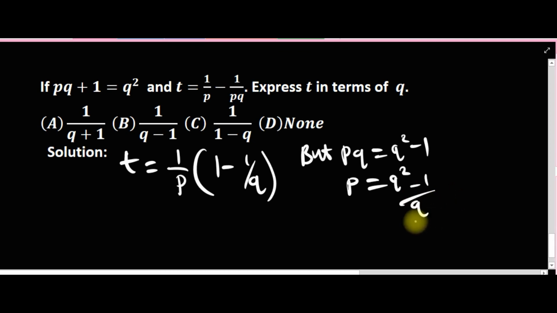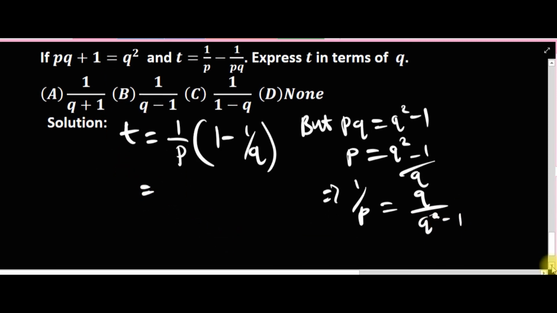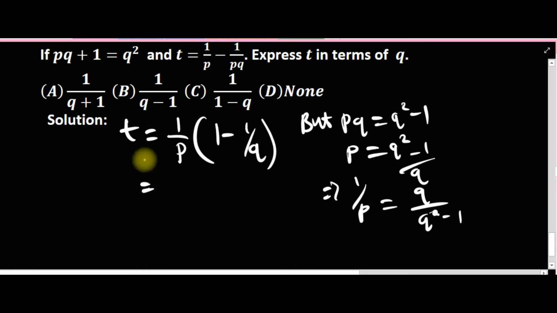That's it. Remember 1 over p, which implies that 1 over p is q over q squared minus 1. So we are replacing this, and what you have here is q over q squared minus 1.